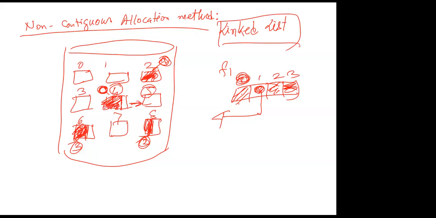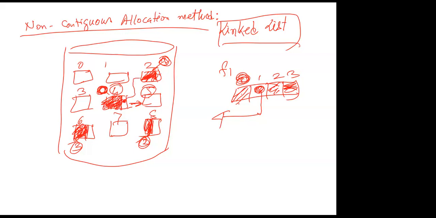What will the linked list allocation method do? This is the data, and after this data there is a pointer. It will link to where the next block is stored. So the next block is stored in here, and it will point to here.